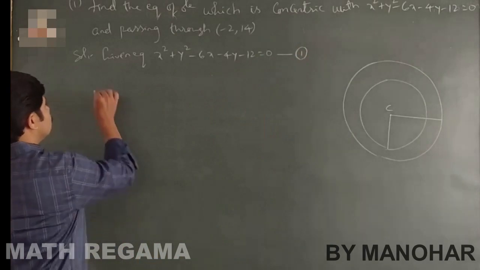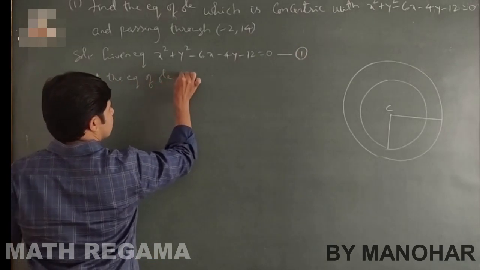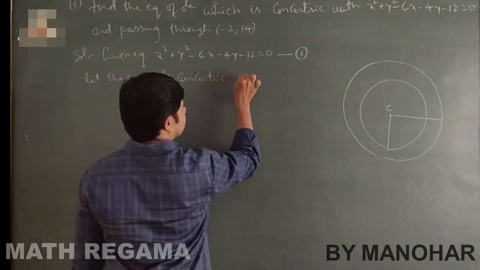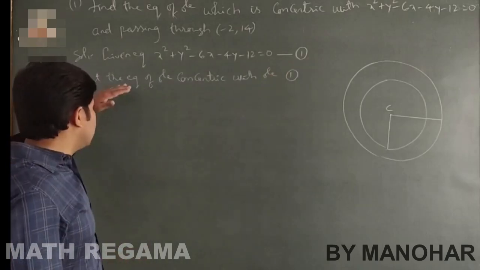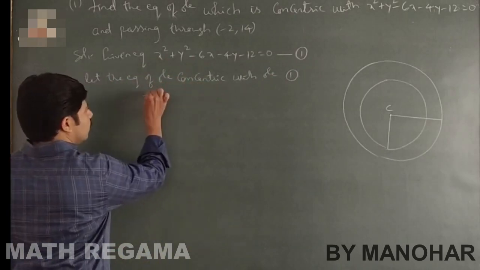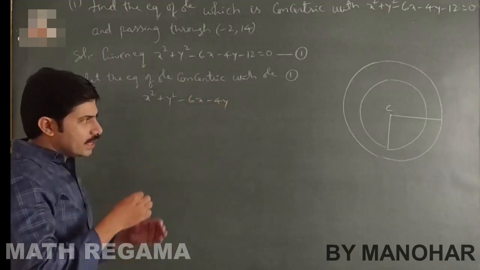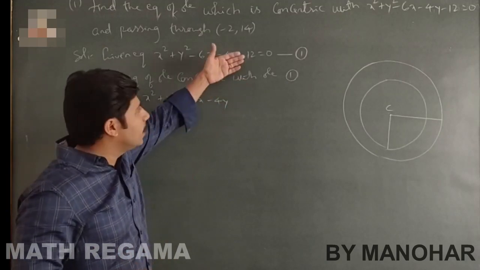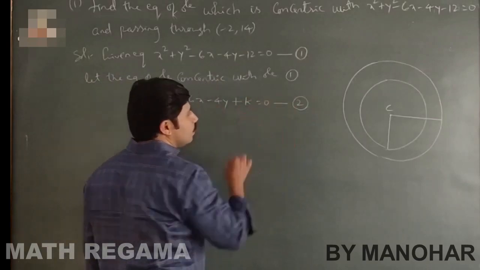Now we will assume, let the equation of circle concentric with equation 1 be the same equation, x square plus y square minus 6x minus 4y. As they differ by radius, they differ in a constant. Instead of minus 12, we write plus k is equal to 0 and put it as equation 2.